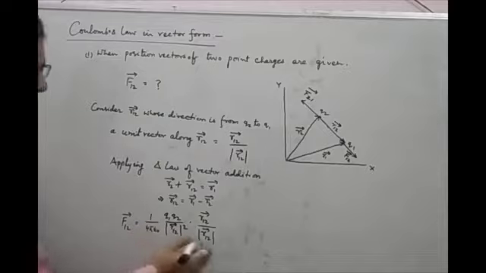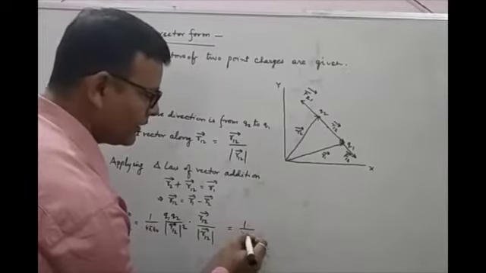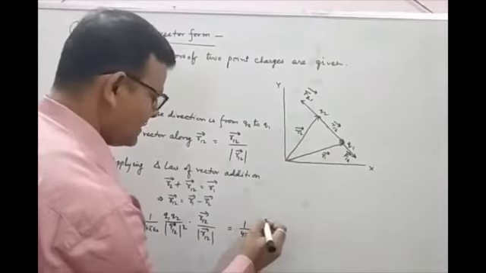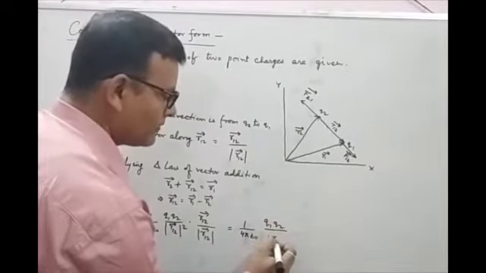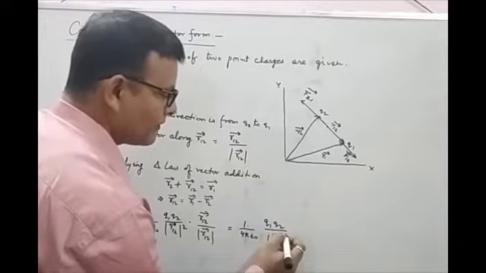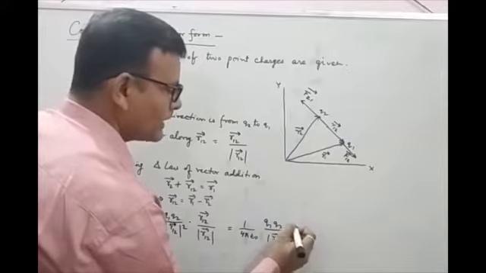This can also be written as 1 by 4 pi epsilon naught Q1 Q2 by mod R12 vector whole cube into R12 vector.